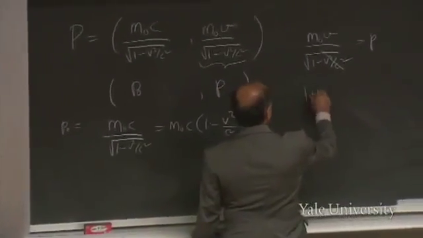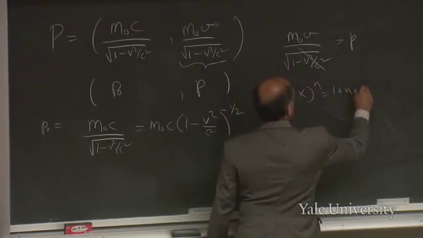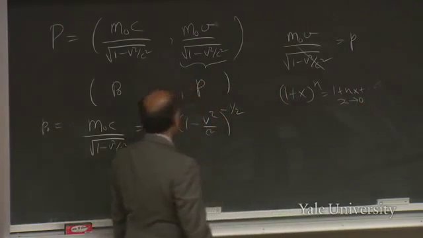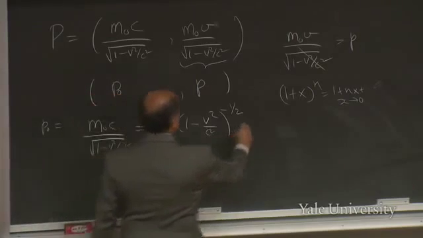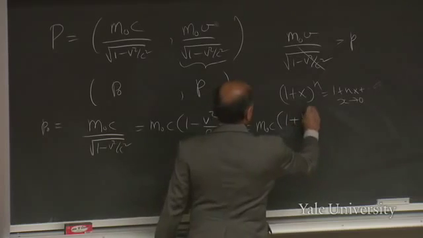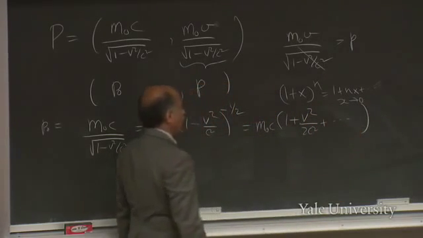I've just written it with the thing upstairs with the minus 1/2 as the exponent. Then I remind you the good old formula: 1 plus x to the n is 1 plus nx plus dot dot dot if x is very small. So if you use that, you get m0c times 1 plus v squared over 2c squared plus higher powers of v squared over c squared.